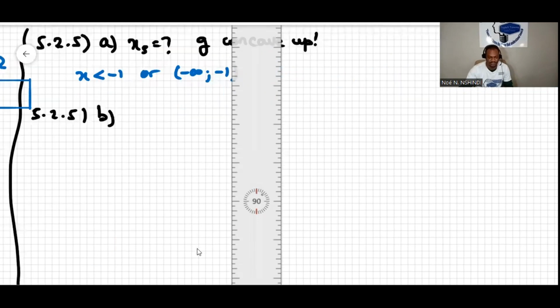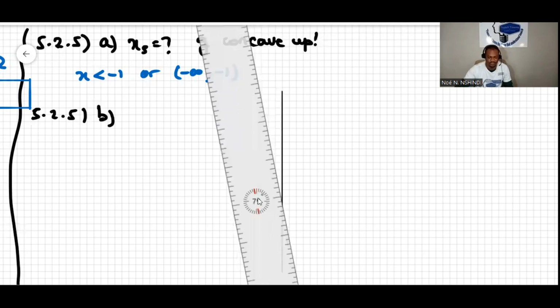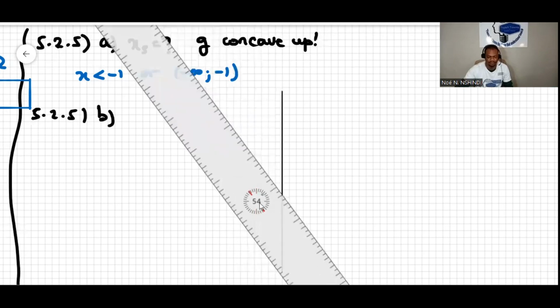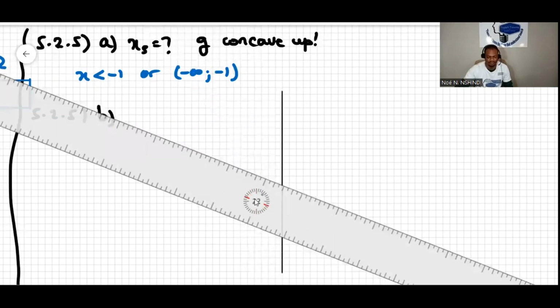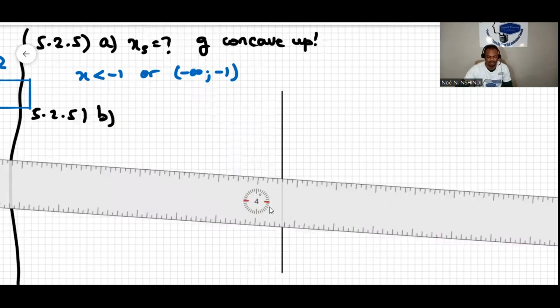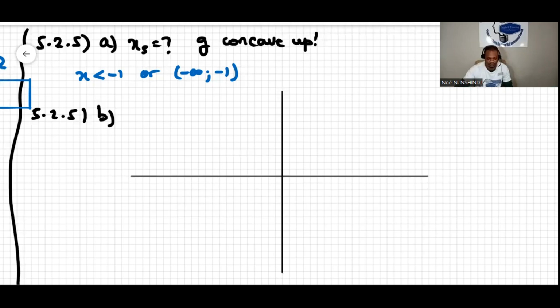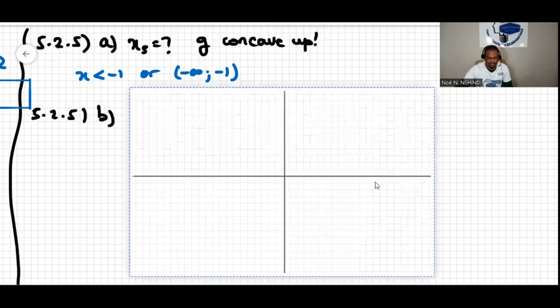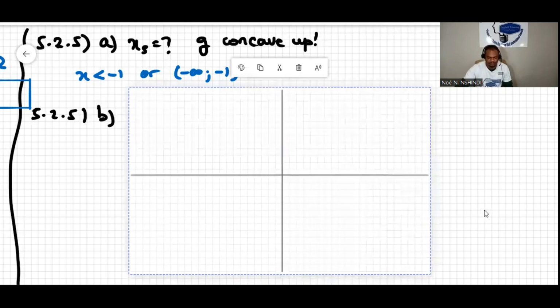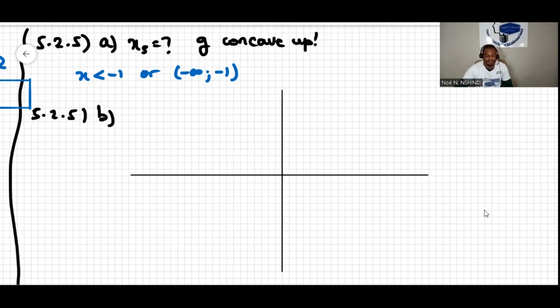Let's say this is the vertical axis, and then I'm gonna take the horizontal now. Let me move a little bit down there. Okay. Now, what do we have here?